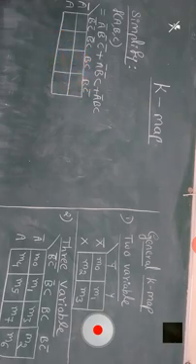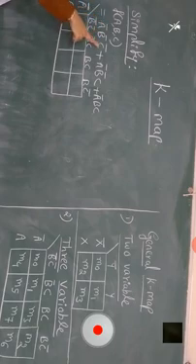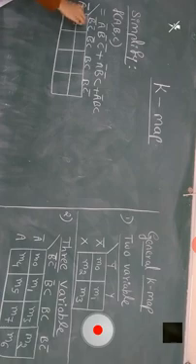So once you write this formula, now you have to mark. Given question is this, A bar, B bar, C bar. So where it comes, A bar is here, B bar, C bar is here. So write the 1 in this square.